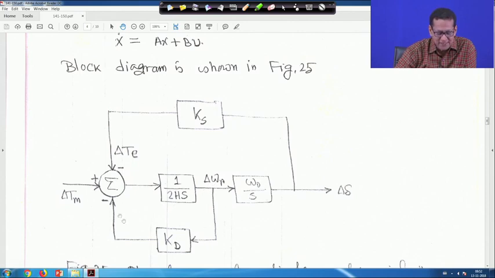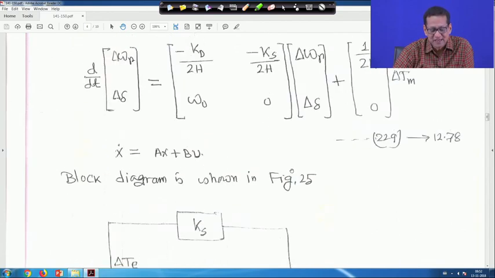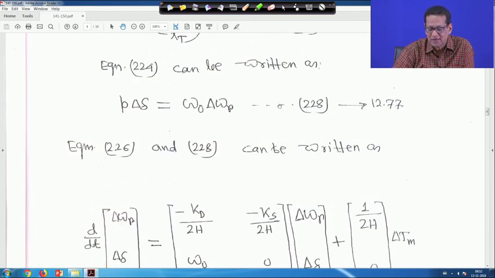So, delta T m minus K s delta minus K d delta omega r, into 1 upon 2 H s, is equal to delta omega r. This we have seen, and that is also from the second equation, equation 228, which is P delta equals omega 0 delta omega r.